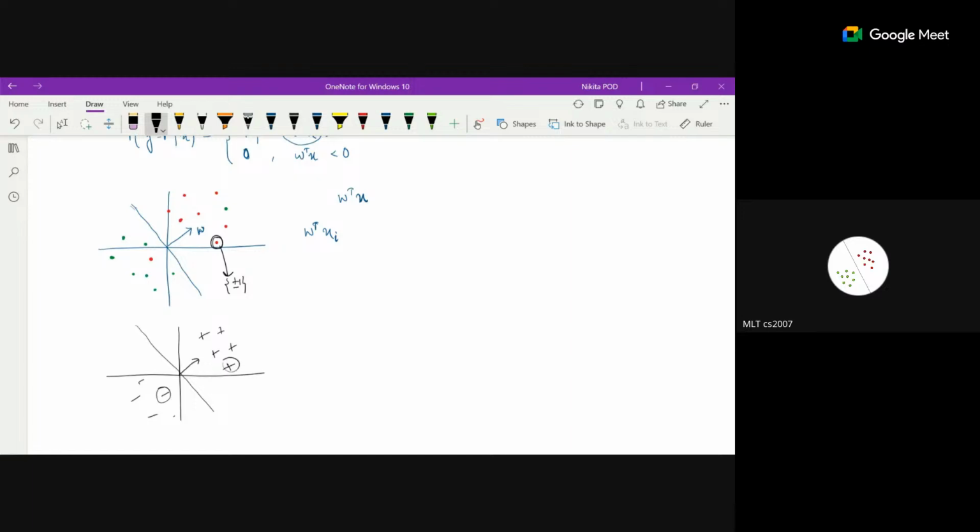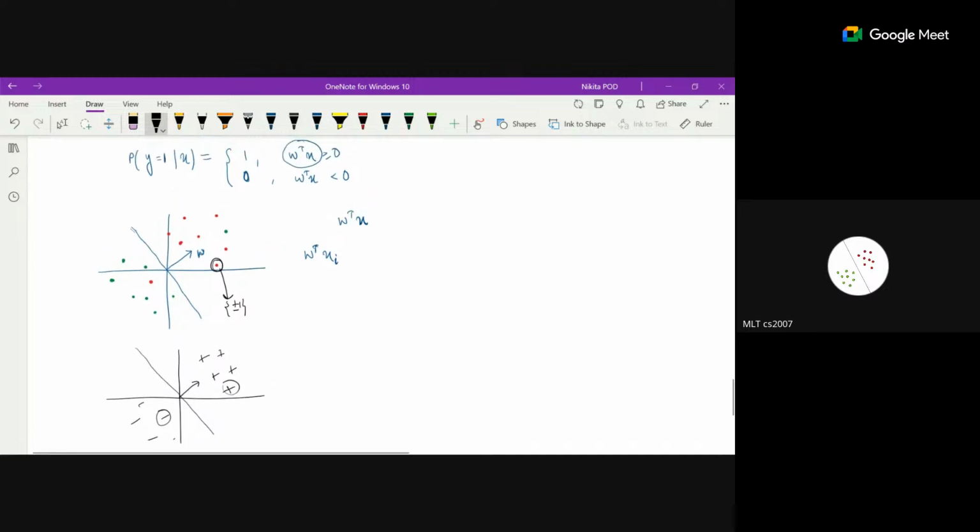But if we relax this assumption, any data point I should be able to label as both +1 and -1 with some probability. So if this data point is X, there will be some probability with which I predict the label as +1, and some probability with which I predict -1.